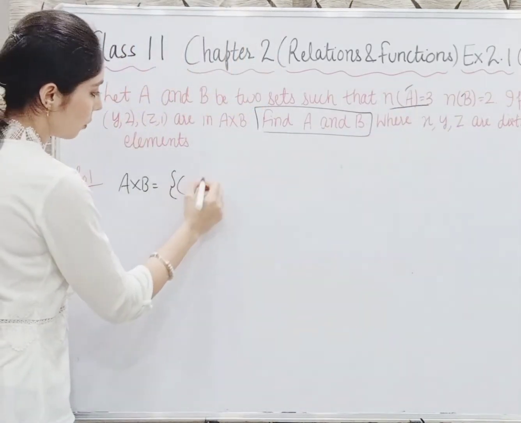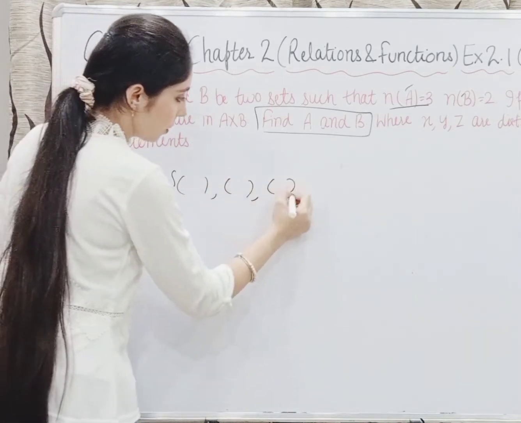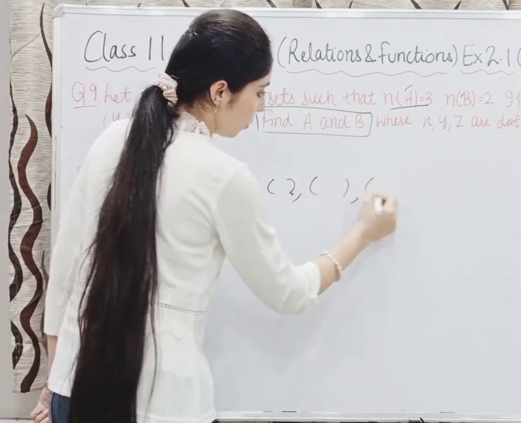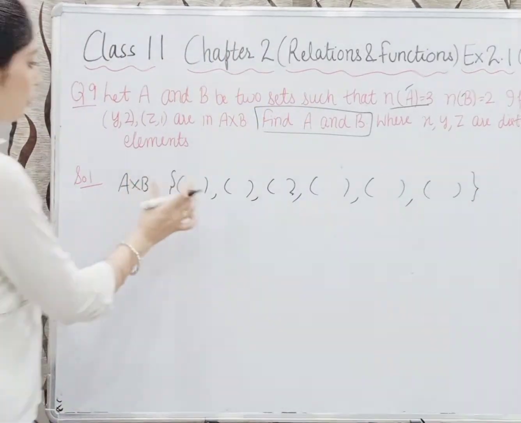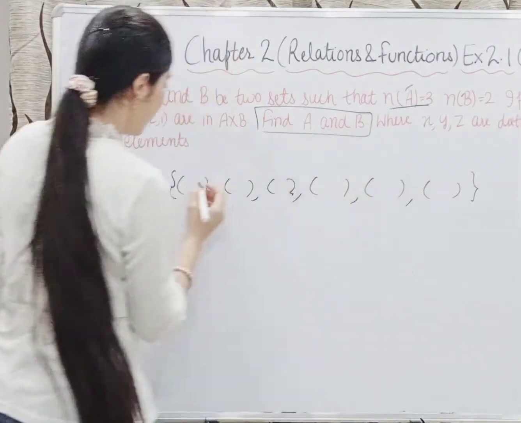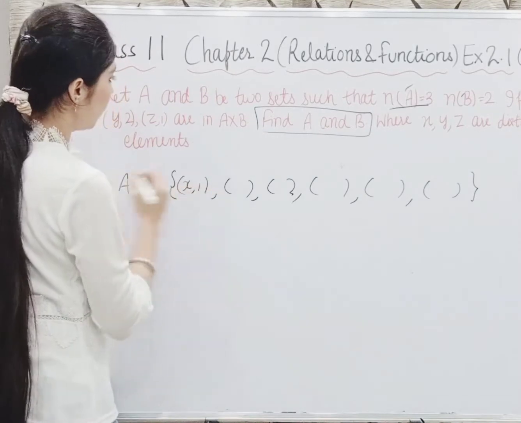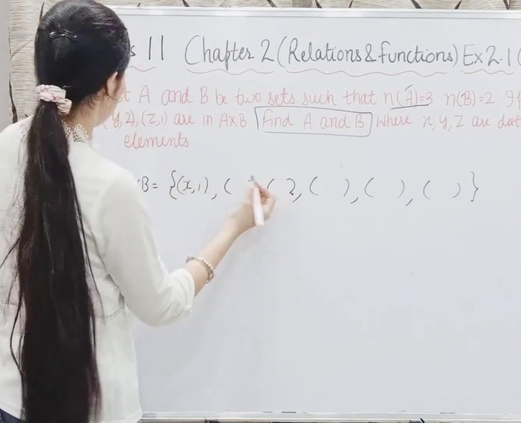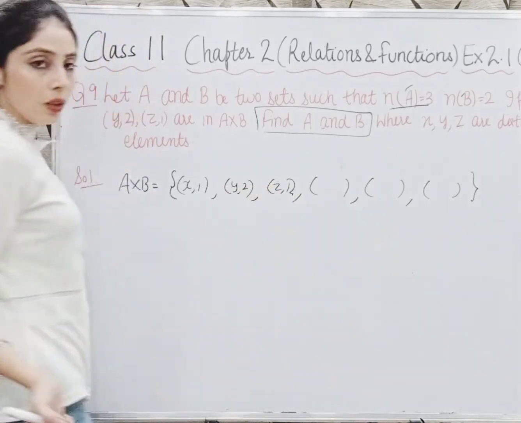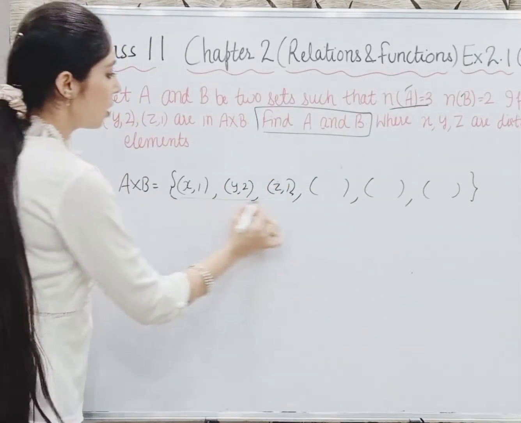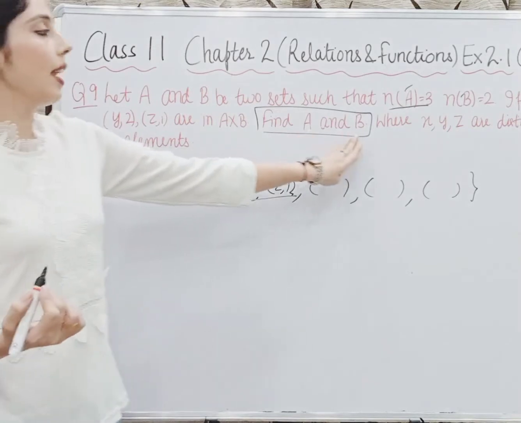Like we have 1, 2, 3, 4, 5, 6 elements. From these 6 elements, 3 elements are given: x1, y2 and z1. So we have to find A and B.